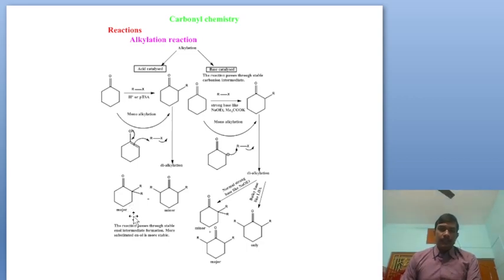In acid catalyzed reaction, this substituted product is formed, and for base catalyzed reaction, this substituted product is formed here due to the different mechanism followed by the participating reacted molecules.